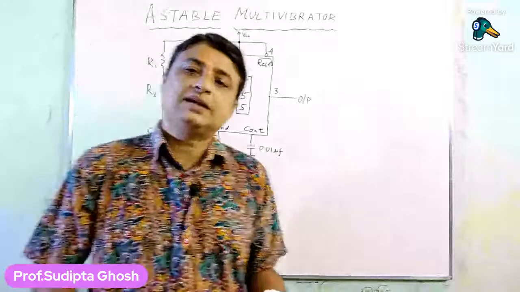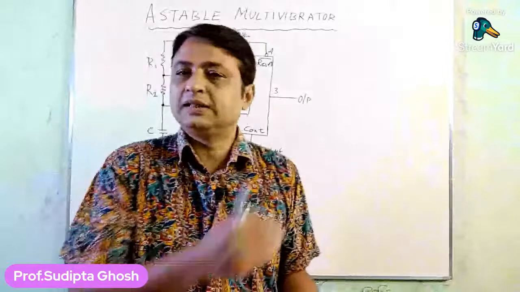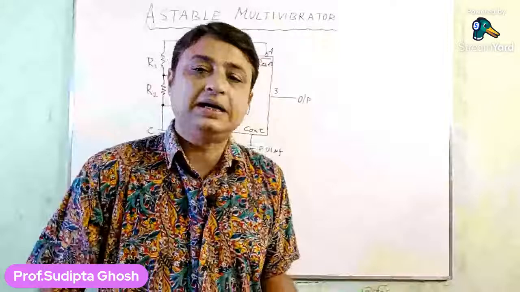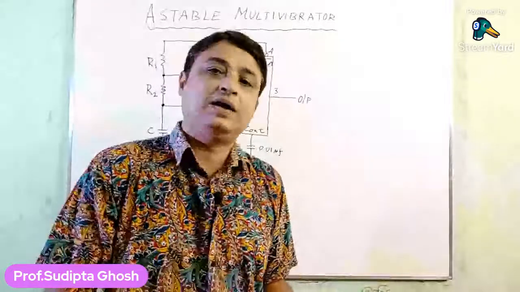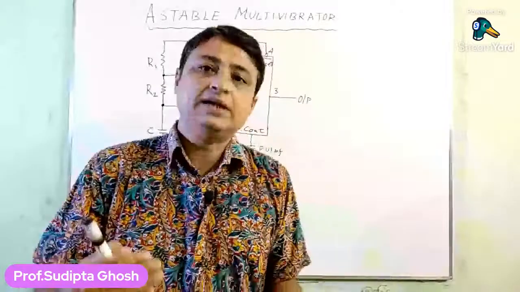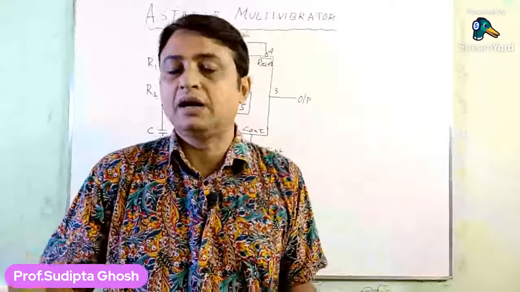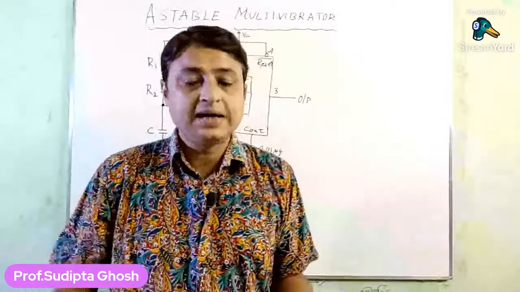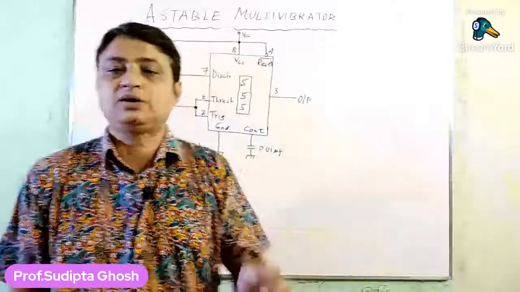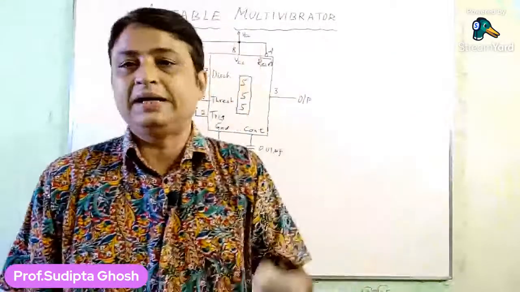So I am again continuing: whenever the circuit is switched on, the capacitor is momentarily connected to ground, and that makes the trigger input go below 1/3 VCC, which makes the trigger comparator output go high. The trigger comparator is connected to the set input of the RS flip-flop, so the set input goes high.